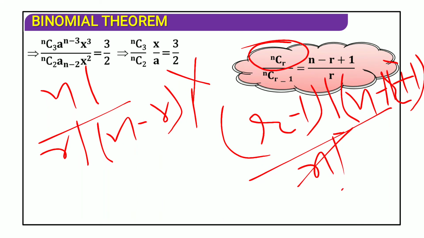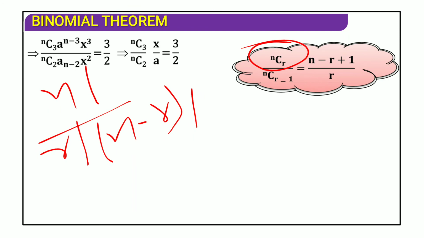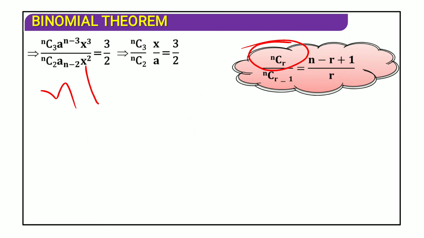See, this thing will be cancelled out. I'm left with this only, n minus r plus 1 and n minus r plus 1. It's so easy. You can easily calculate by yourself. I just use the formula of combination only, nothing else.